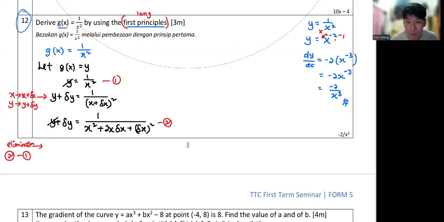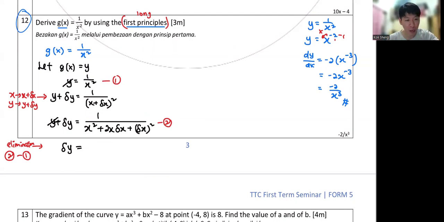You left only delta y. But for the right side, the right side cannot minus all. This whole fraction minus 1 over x squared. Don't cut the x squared. Cannot cut.